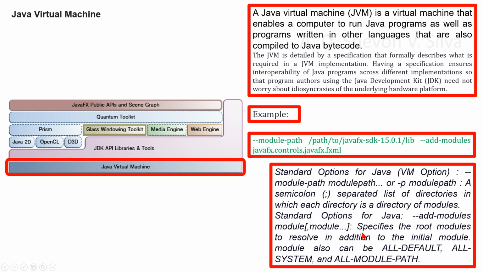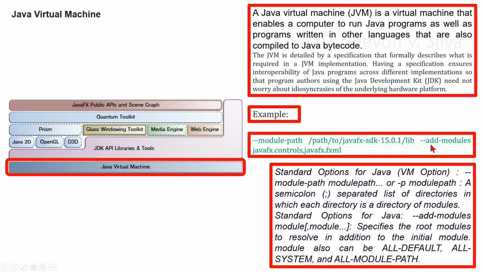As an example, we can consider these standard options for Java VM. Java VM options: --module-path, module path, or -p module path, a semicolon separated list of directories in which each directory is a directory of modules.